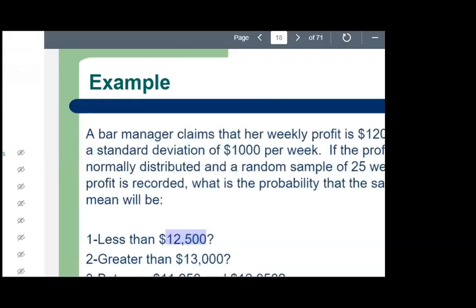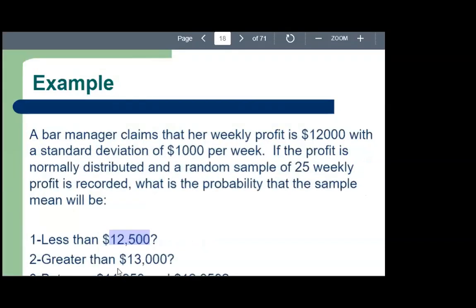And we also have one more piece of information: what's the probability the sample mean would be less than 12,500? So the question is, what is the probability that the sample mean is less than $12,500? We can easily calculate that.